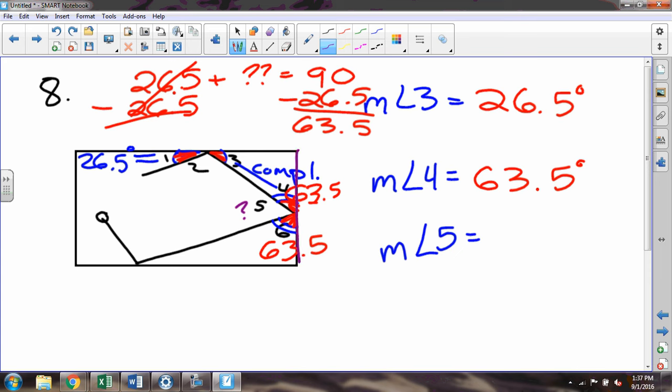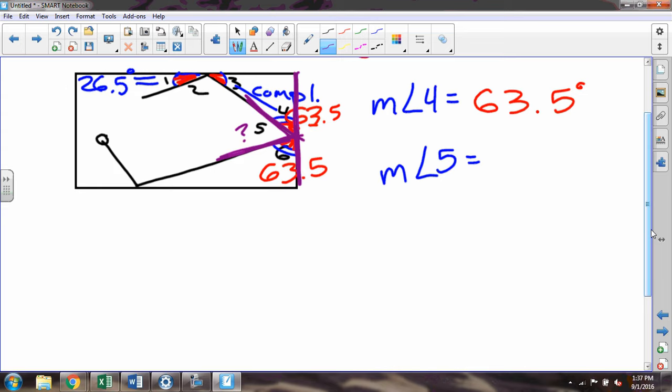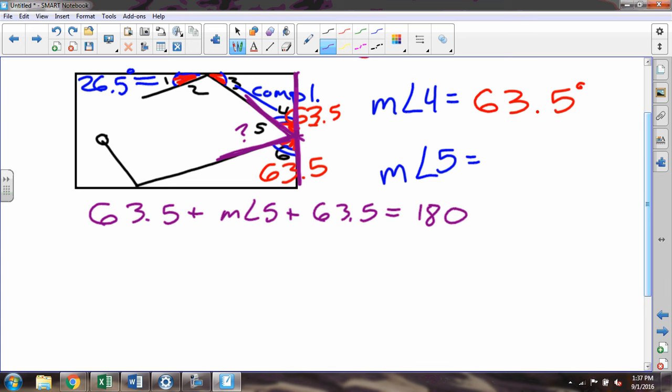You need to recognize that on this right-hand side, we have 3 angles forming a straight line. Together, those 3 angles have to add up to 180. So we would need to recognize 63.5 plus the measure of angle 5 plus 63.5 is going to give us a grand total of 180.